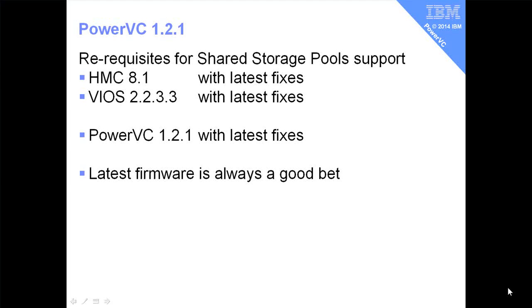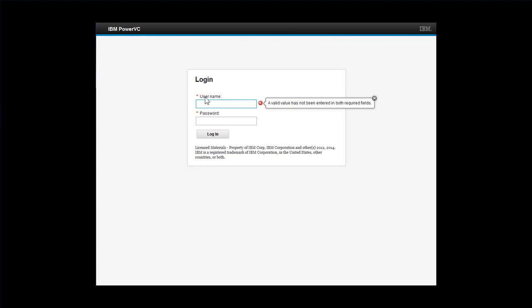This HMC 8 software can run on anything above a CR5. Then you have to upgrade your VIOS servers, or the ones that are running your shared storage pools, at least to 2.2.3.3 with the latest fixes again. Don't forget you have to actually have the latest version of PowerVC for this. Always good to have your system firmware at the best available level.